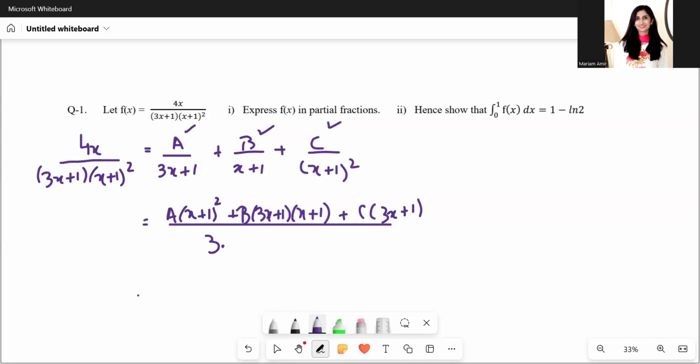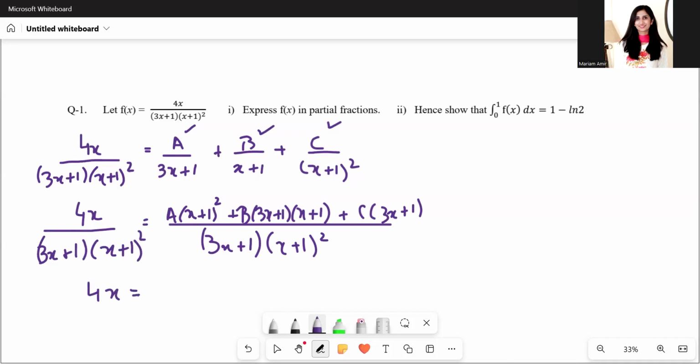And now we have the same denominator underneath each of A, B, and C, and we're going to cancel the denominators on both sides. Okay, so the denominators cancel out and we get 4x equals A times (x plus 1) whole squared plus B times (3x plus 1) times (x plus 1) plus C times (3x plus 1).